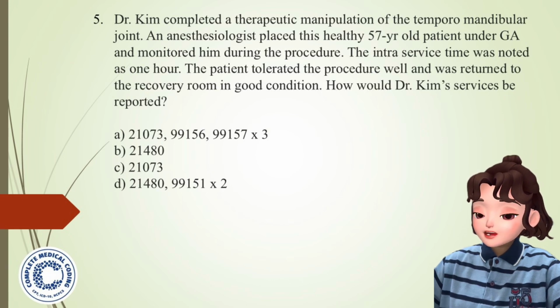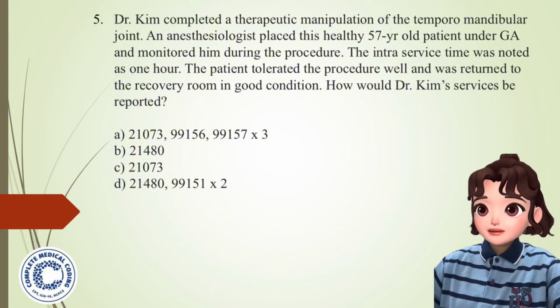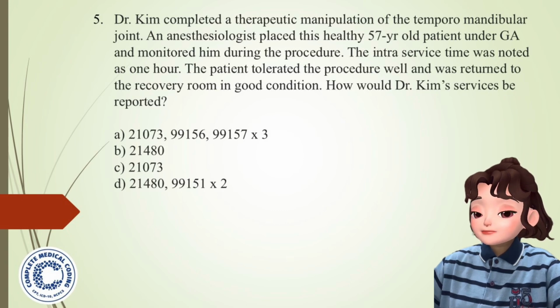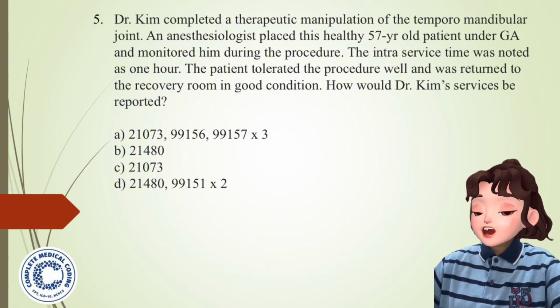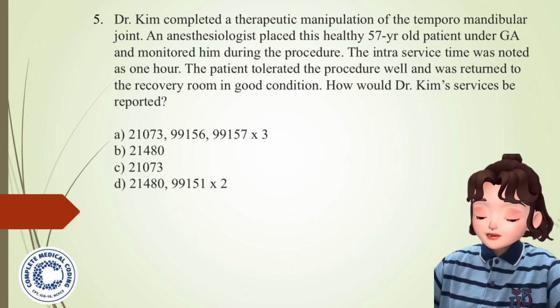So manipulation of temporomandibular joint, therapeutic. Yes, this is what we need. Therapeutic manipulation of temporomandibular joint, requiring an anesthesia service, that is general or monitored anesthesia care. So here in the bracket itself it is mentioned under general anesthesia. It can be a general anesthesia or a monitored anesthesia care.